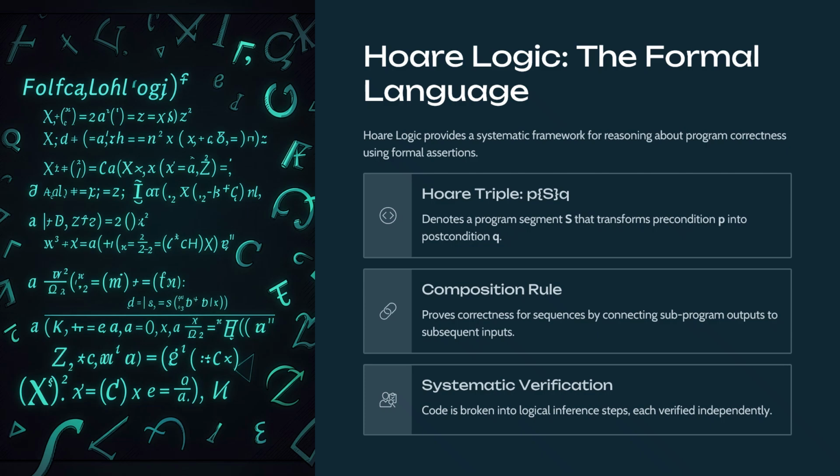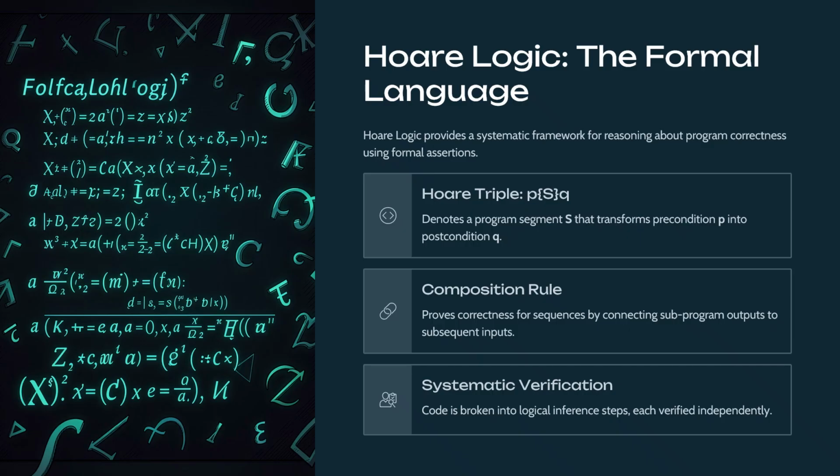It is written as precondition, followed by the program, followed by the postcondition. This notation means that if the precondition is true before execution, then after executing the program, the postcondition will also be true. Hoare logic also provides rules for reasoning about sequences of statements, conditional branches, and loops.